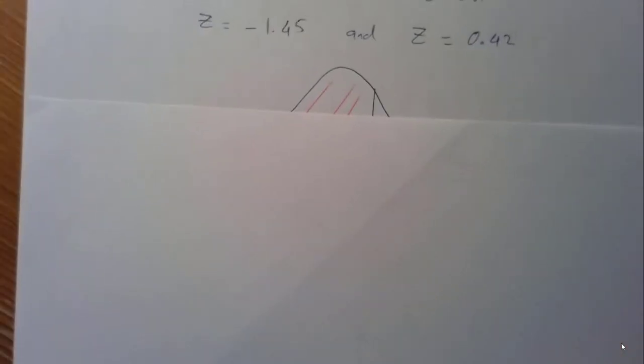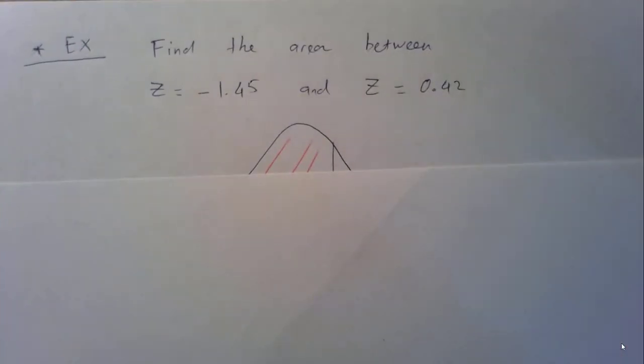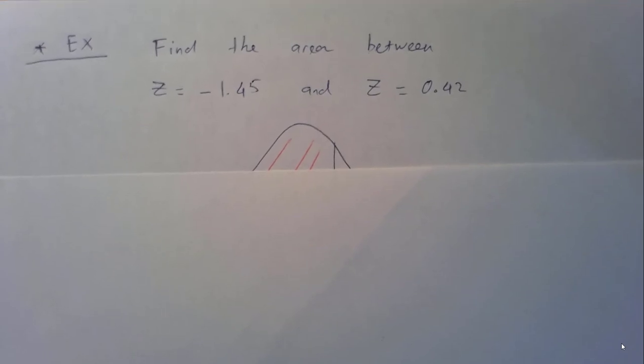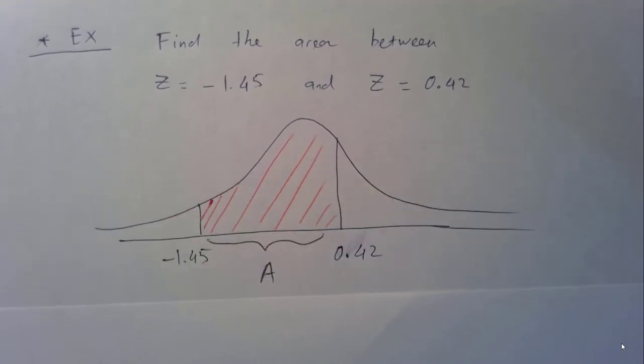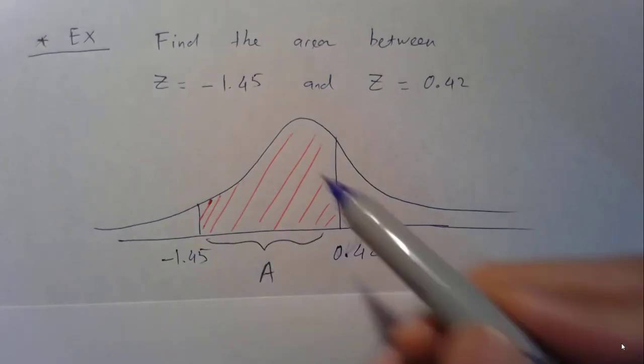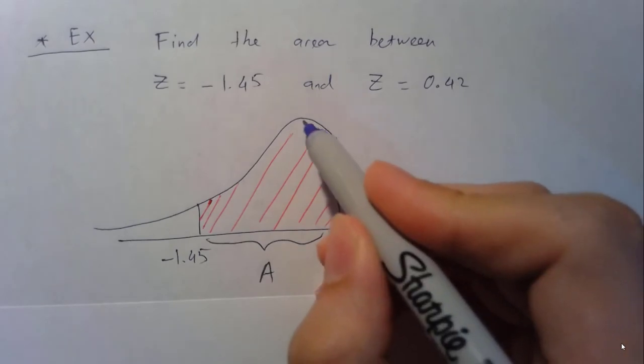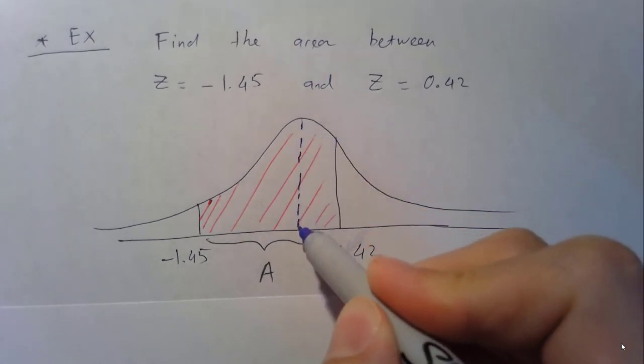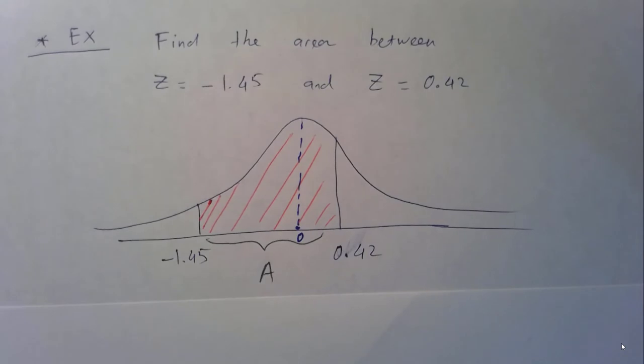Let's take a quick example. Here we are looking to find the area between the z-score of -1.45 and the z-score of 0.42. So we know that at the center right here, the z-score is 0. 0.42 is above 0, so it is a positive z-score, and negative 1.45 is the z-score in the negative portion.